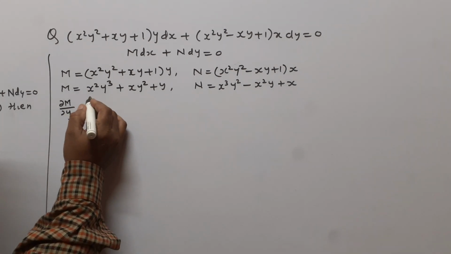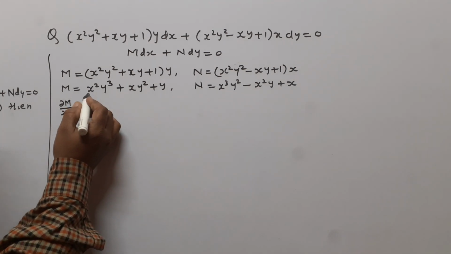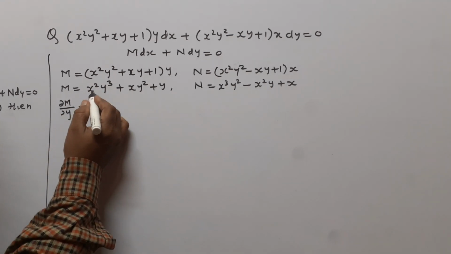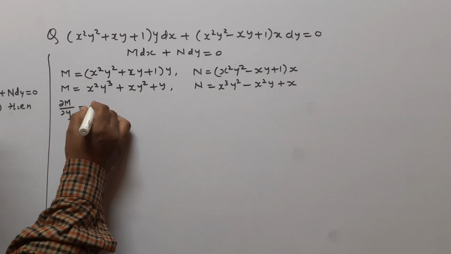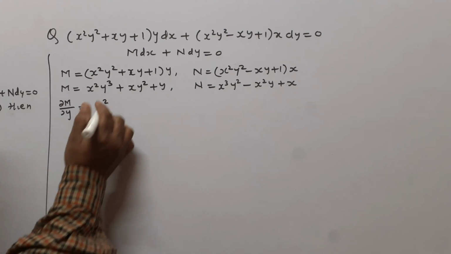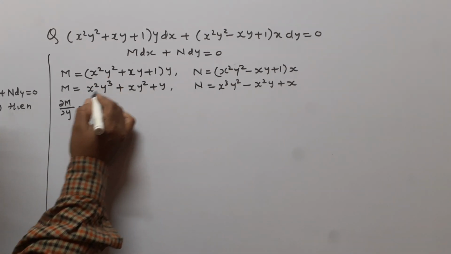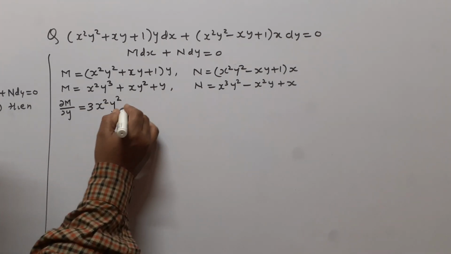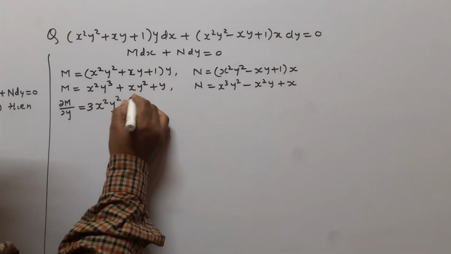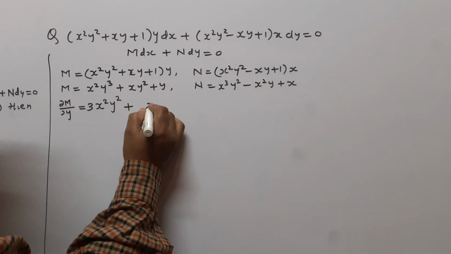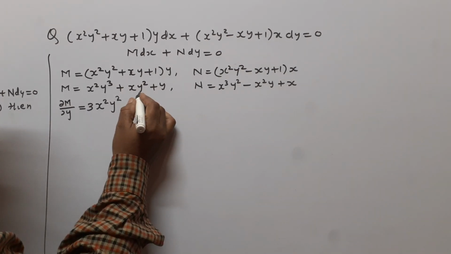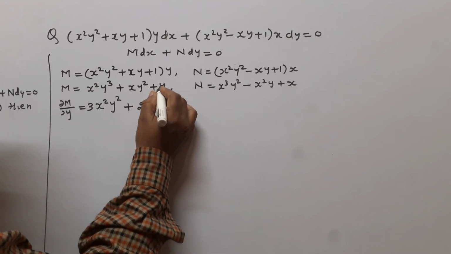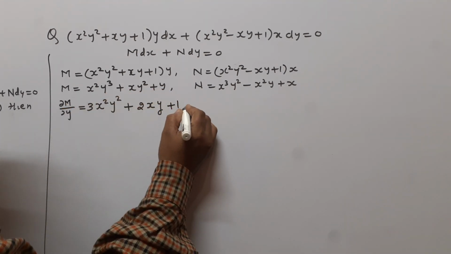For x square y cube, x square is constant and the derivative of y cube is 3y square. For xy square, x is constant and the derivative of y square is 2y, and the derivative of y is 1.